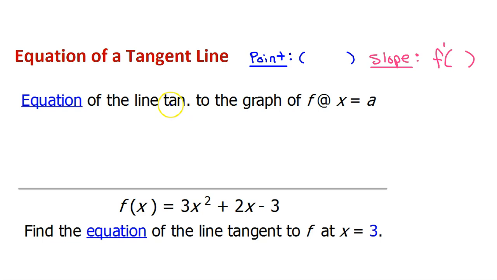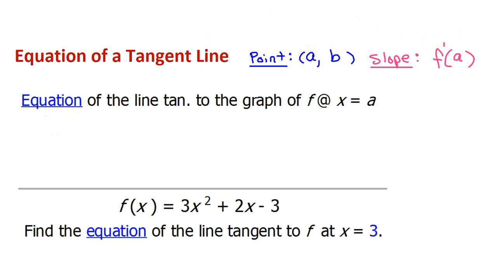They are asking us to write the equation of the line tangent to f at x equals a. So instead of putting x1, y1, I'm going to put a right here. This is the location of the point of tangency. So this is where we need to evaluate the slope. So the slope will be f prime at a. I'm just going to put b here, but that's just the output value that goes with this particular input value.